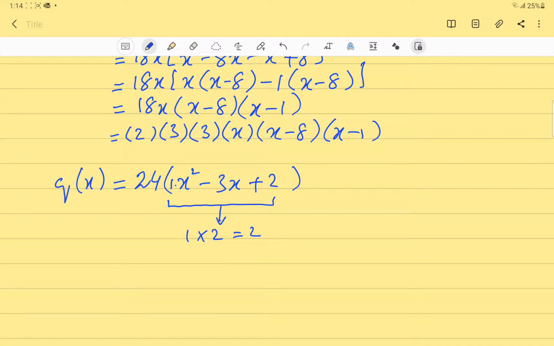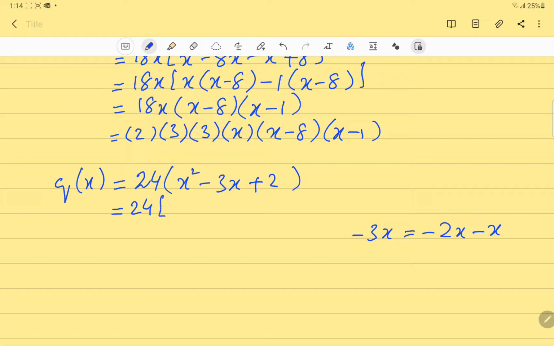Yes, we can get 3 if we add 2 and 1. So in this case I am talking about this 3 actually. So 2 plus 1 is equal to 3, but plus in the sense like minus we have to add. So minus 3x is equal to minus 2x minus x. We will replace minus 3x with minus 2x minus x.